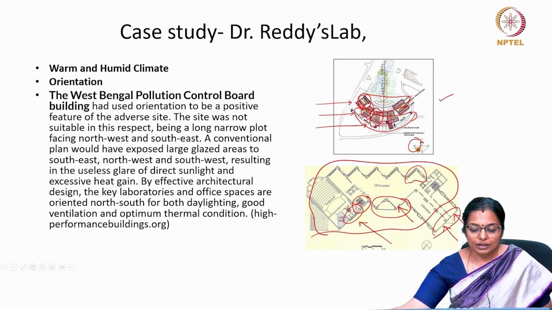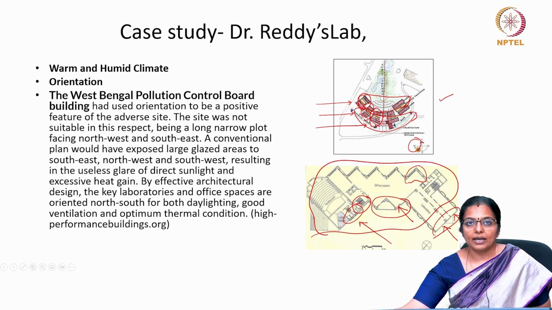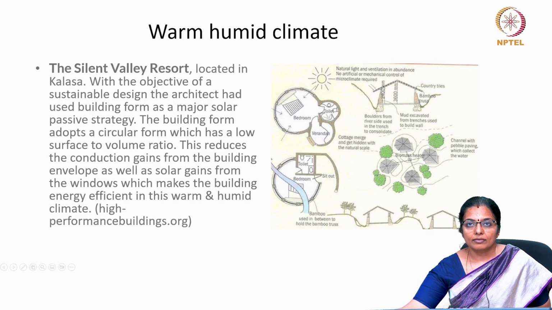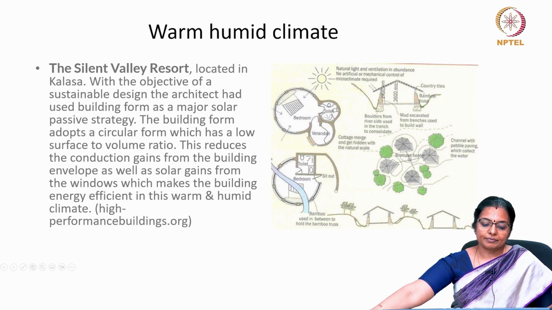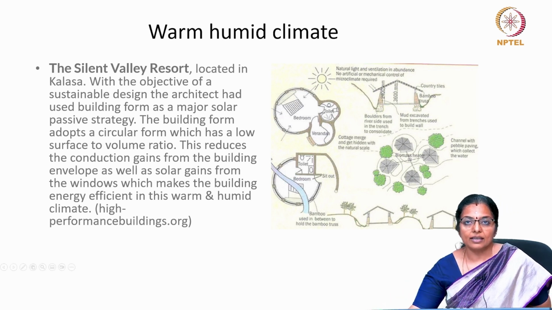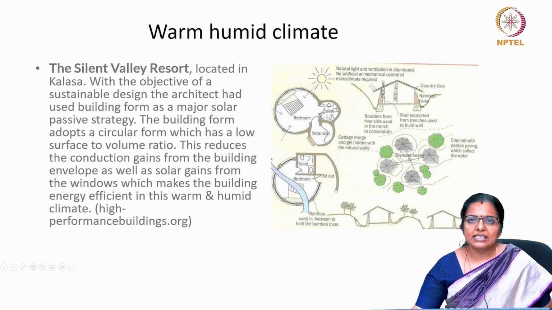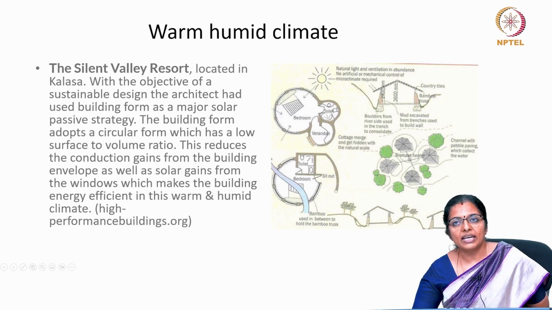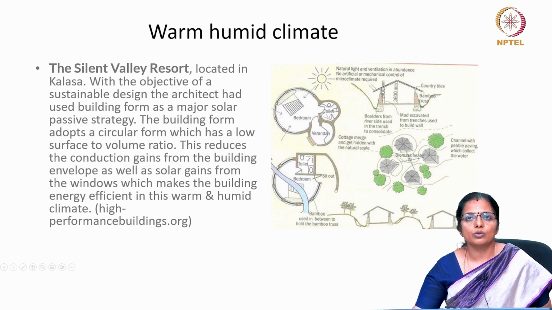So, next we will look at the Silent Valley Resort located at Kalasa. With the objective of a sustainable design, the architect had used building form as a major solar passive strategy.